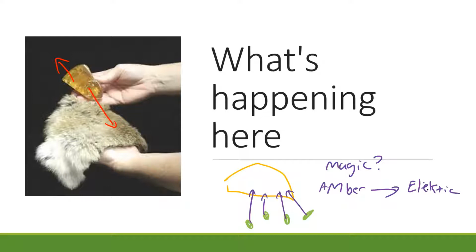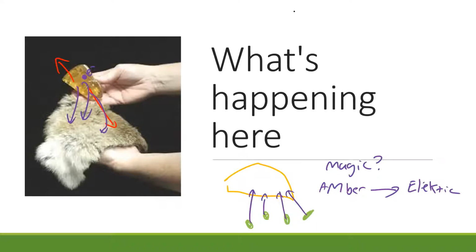We later now know that what's actually going on here is that electrons have a stronger affinity to the wool than to the amber. I always get this wrong, so please don't quote this, but in general the idea is the electrons move onto the wool.